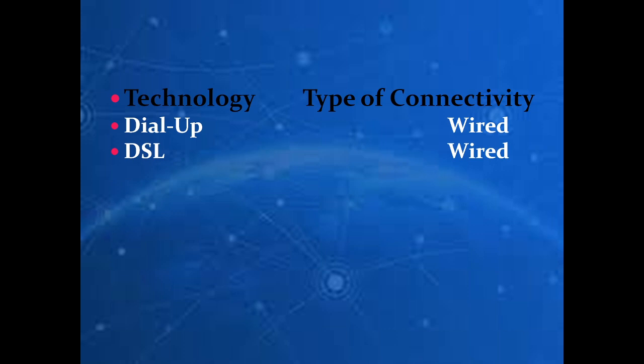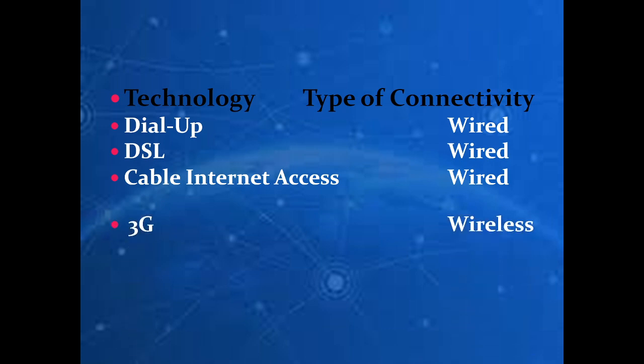All of these terms may be known to all of you. If not, then we are going to discuss these technologies in the upcoming videos. Then the third technology is cable internet access. The term cable is itself in the technology, so it must be wired. Then the fourth one is 3G. Now we can have the wireless technology.